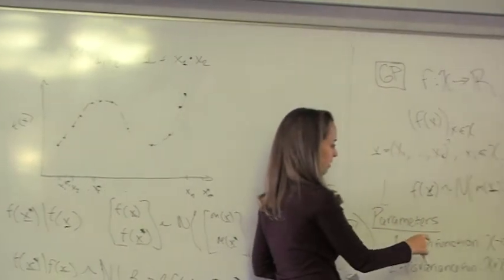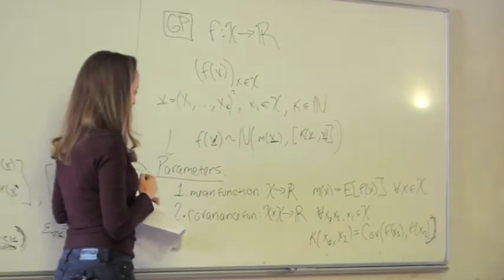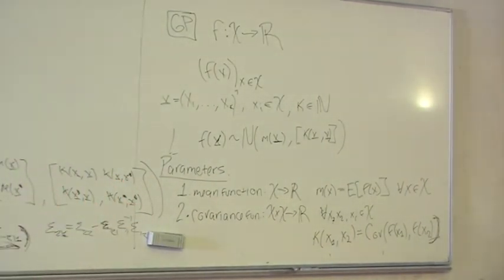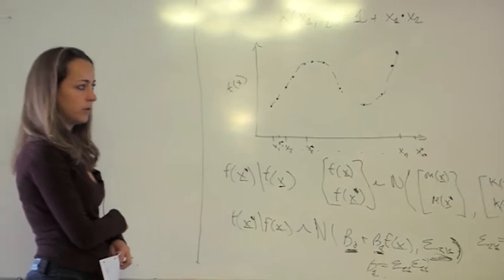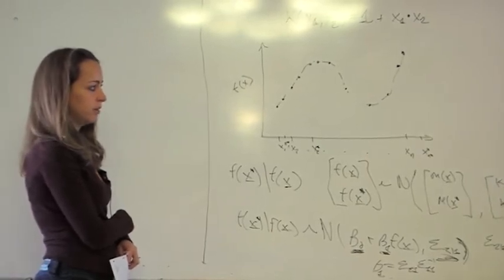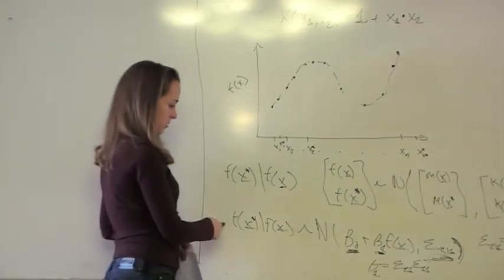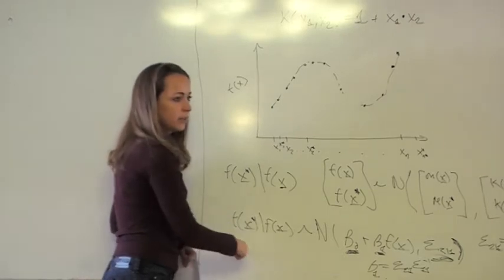So if you use a different prior here instead of the Gaussian process prior, yeah, well, the nice thing about the Gaussian process prior is that it has this conditional property here. If you have a different prior, you might not have this conditional property.